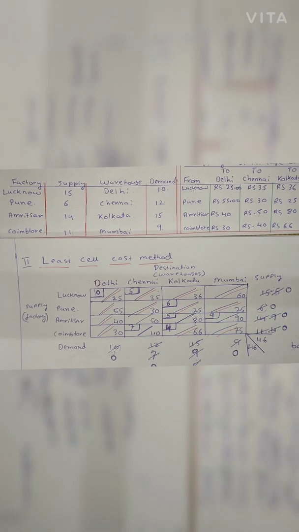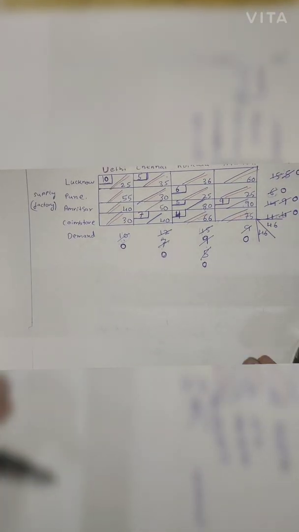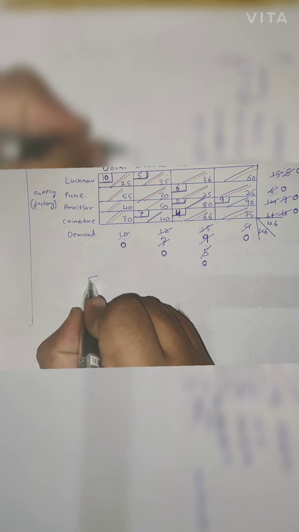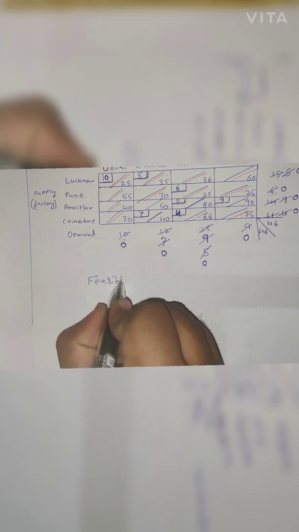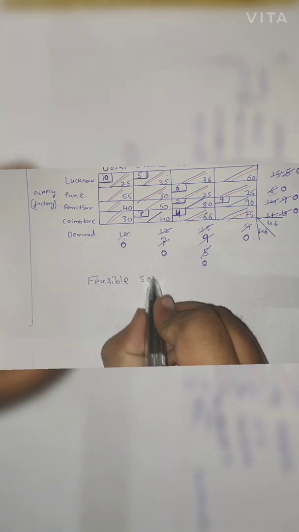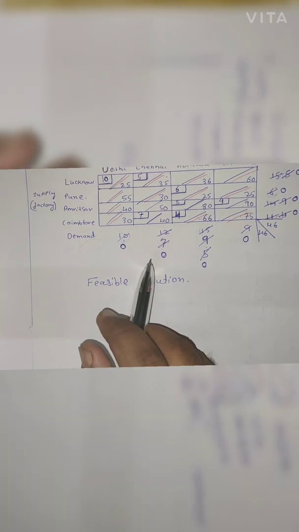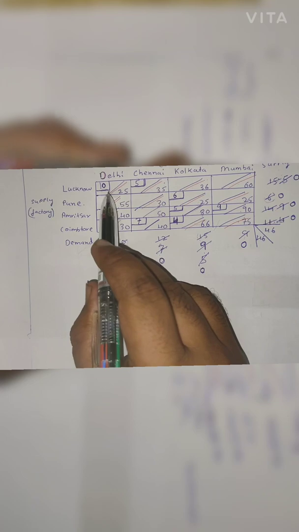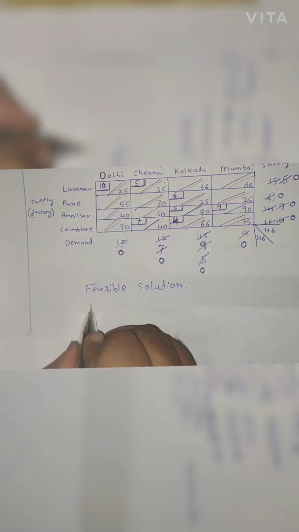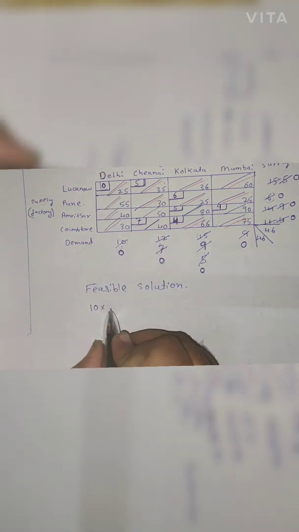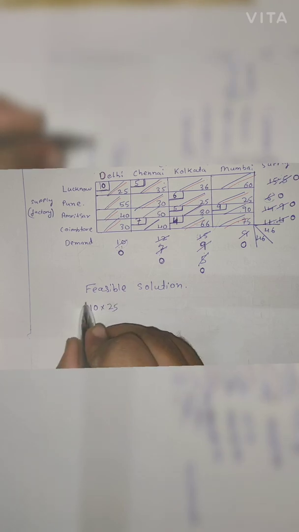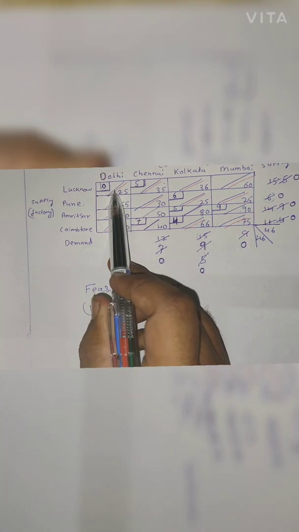Now how do we find the answer, how do we find a feasible solution over here? To find the feasible solution, we'll use the same method. You have these values: 10 into 25, same method as in the north west corner method, 10 into 25. So this one is done over here.